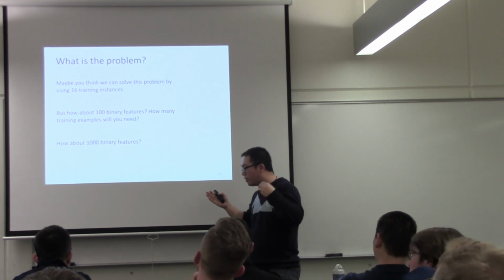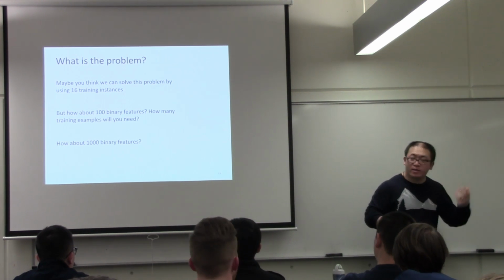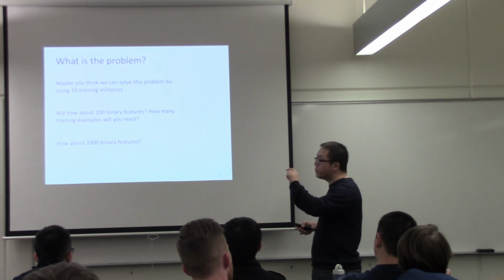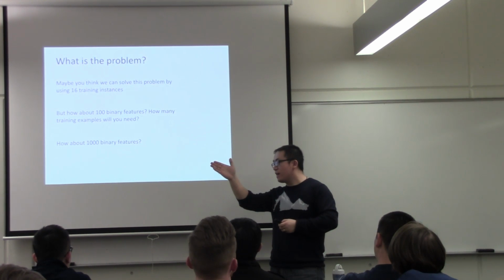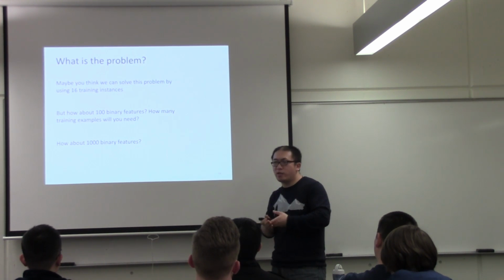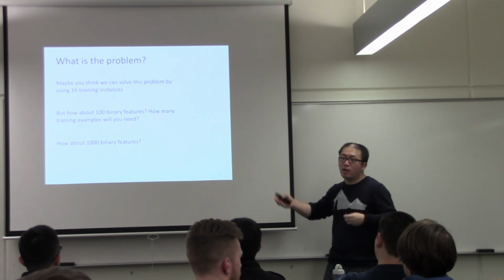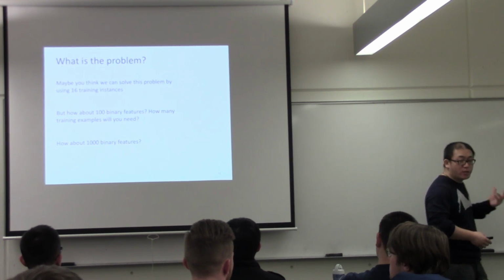I'll give you an example of a typical application in online advertising. An important task is called click-through rate prediction. We just want to predict whether a user, when they see a piece of advertisement, is going to click on it. This is a binary prediction, right? The output label is binary, and we can also generate a lot of binary features.